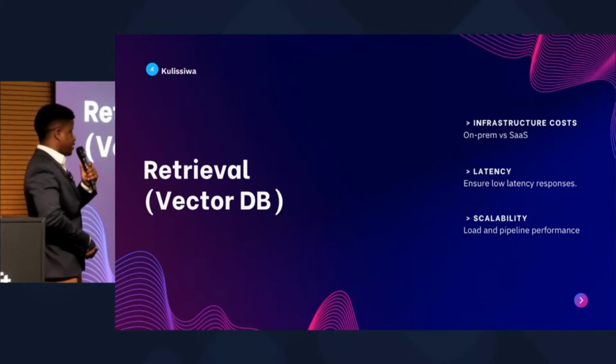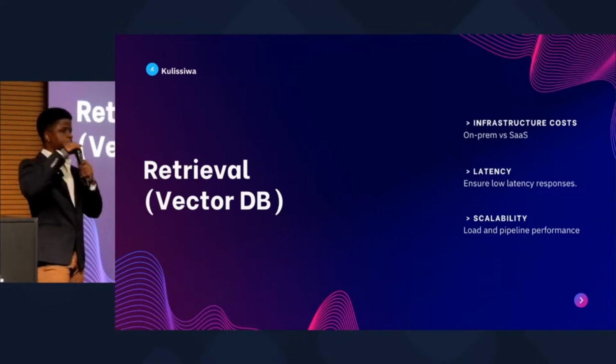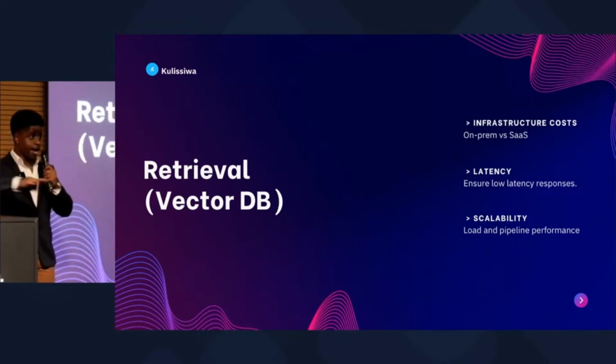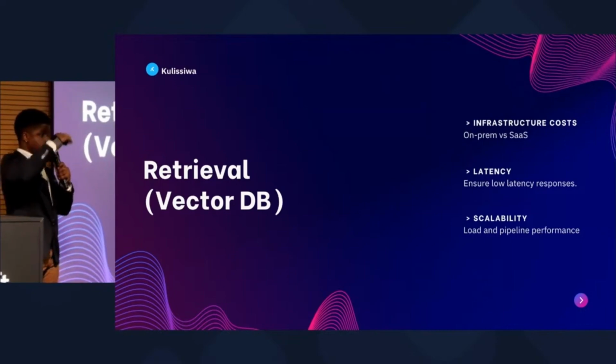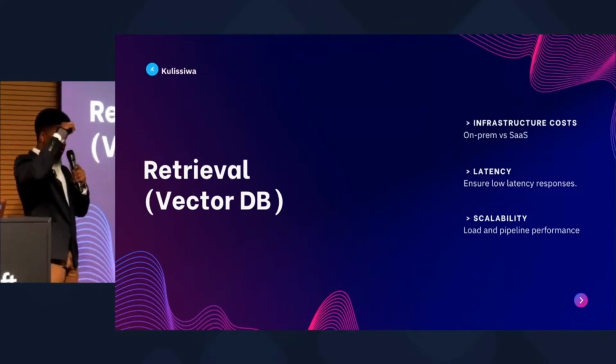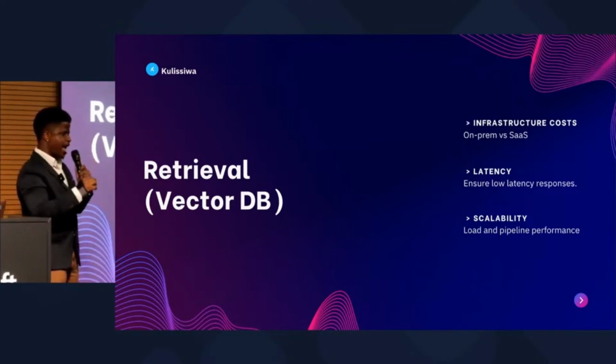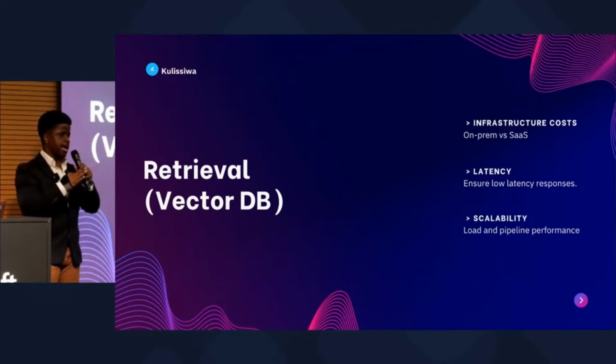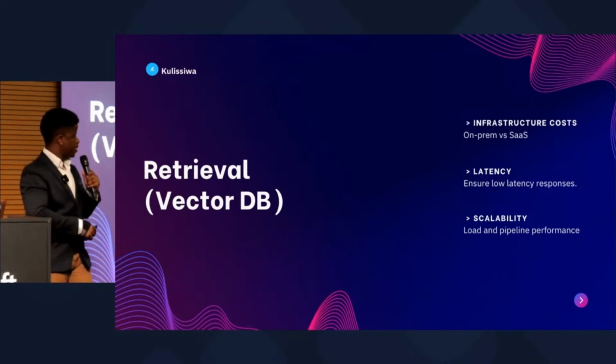And then scalability. Make sure that your entire RAG pipeline can scale. So let's say you increase the number of queries that your vector database is getting at a particular second, how will it behave? If you use bigger embeddings of, let's say, 2,000 dimensions, how will it behave?